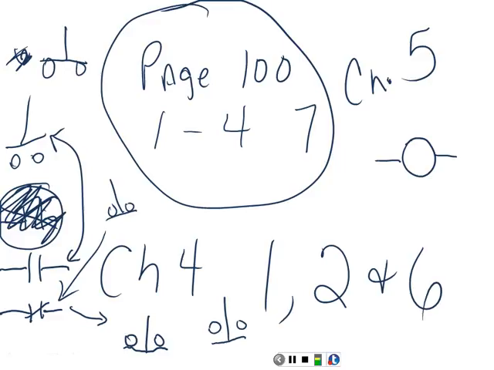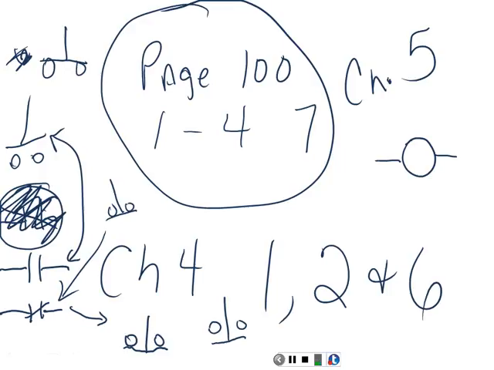One of the few that we have to know is the difference between a normally closed push button versus an overload contact. If it's normally closed and it's attached to line 1, it's a push button or a normally closed contact. If it's on line 2, then it's an overload.